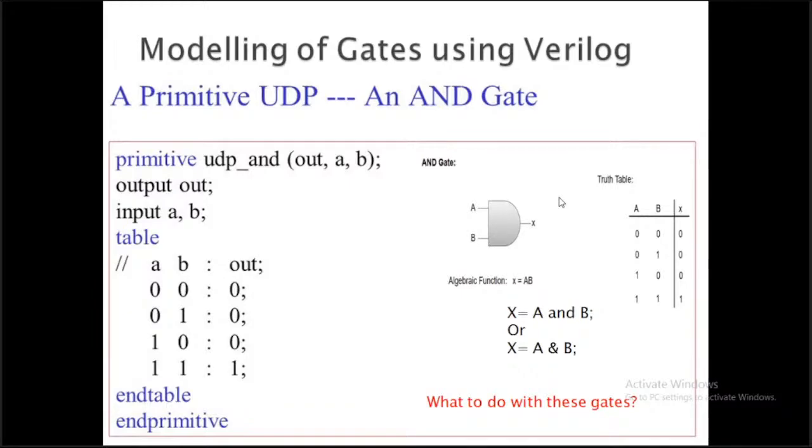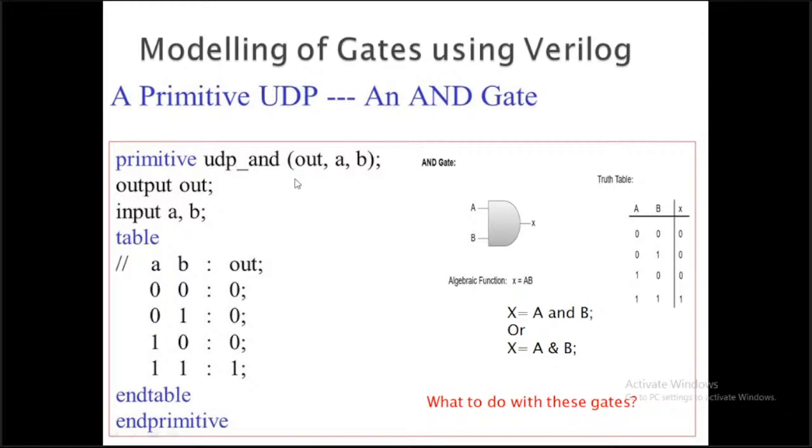Let's see, it's an AND gate. We have to define this AND gate. This is the truth table. So how do we define this truth table using Verilog? Verilog is similar to C, C++. It is a kind of hardware descriptive language.